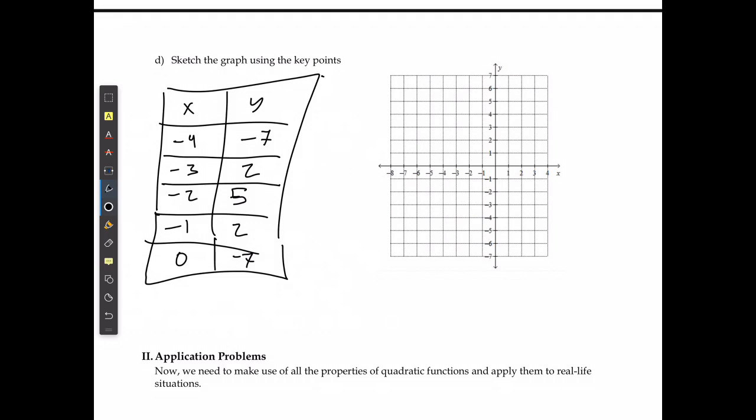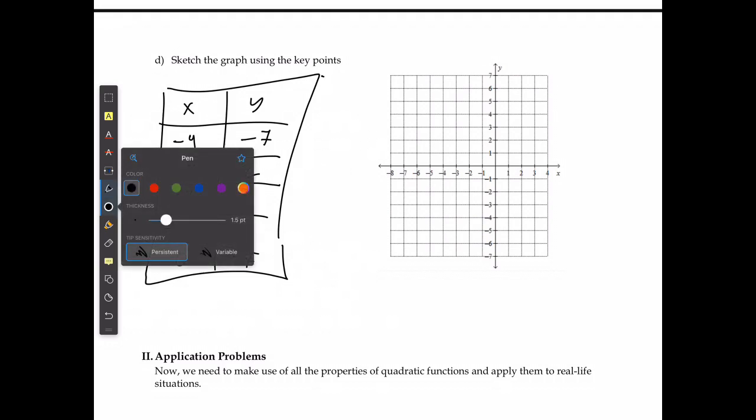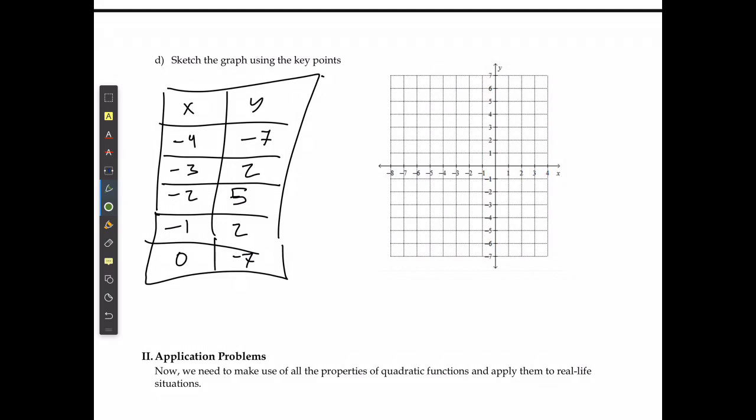And then I'm just going to draw those points out on my graph. Negative 4, negative 7, negative 3 and 2, negative 2 and 5, negative 1 and 2, and 0 and negative 7. And then expand out my graph.